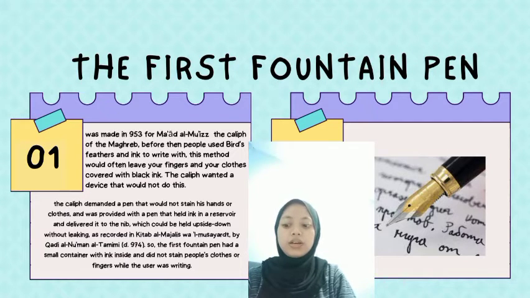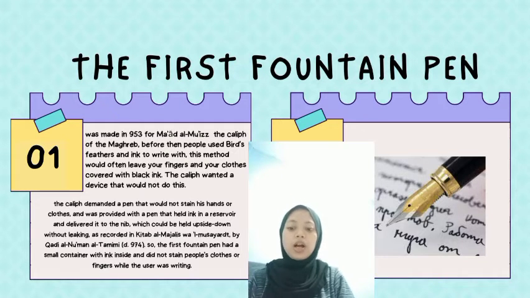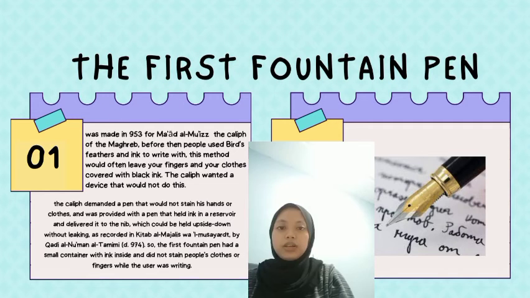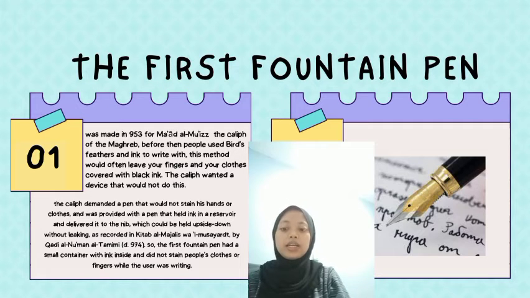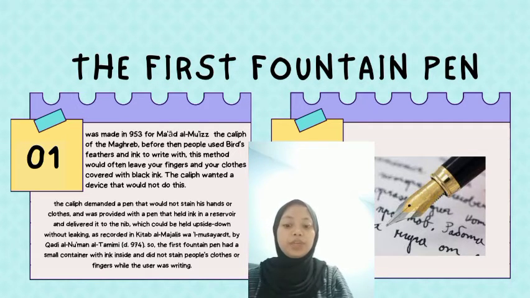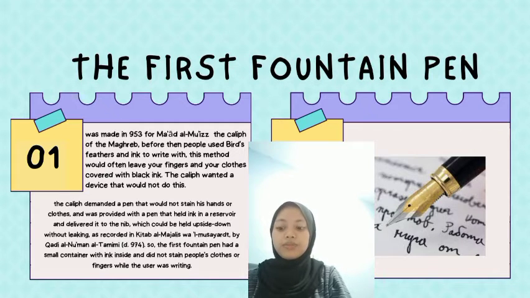ink in a reservoir, and delivered it to the nib, which could be held upright or upside down without leaking. As recorded in Kitab al-Majlis wa al-Musayarat by Qadi al-Nu'man al-Tamimi in 974.